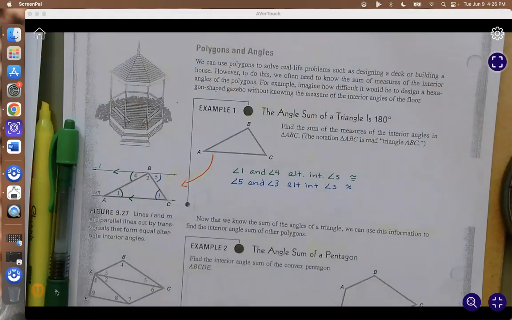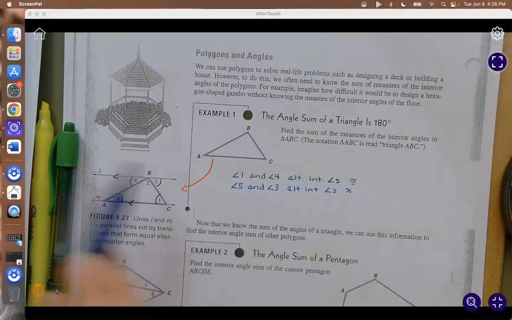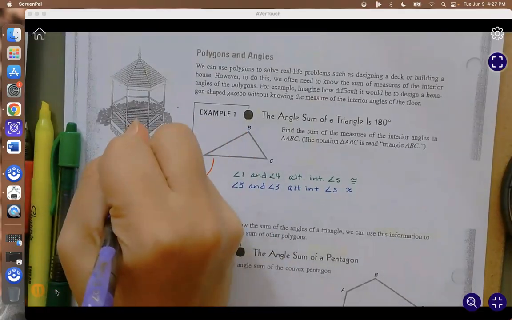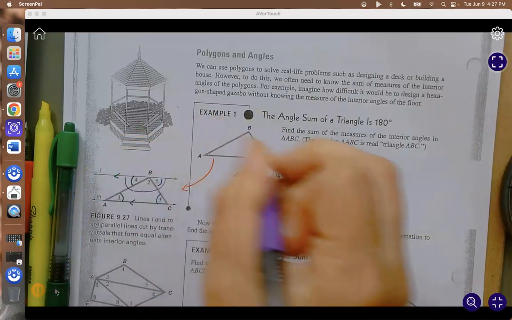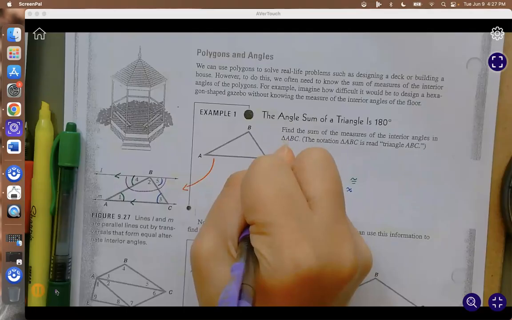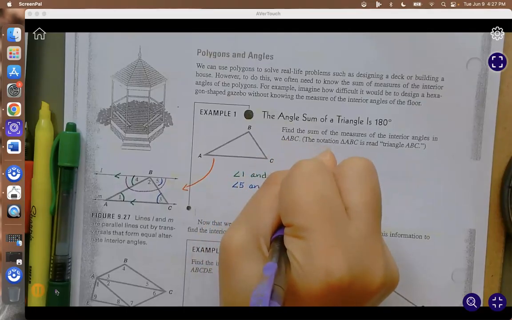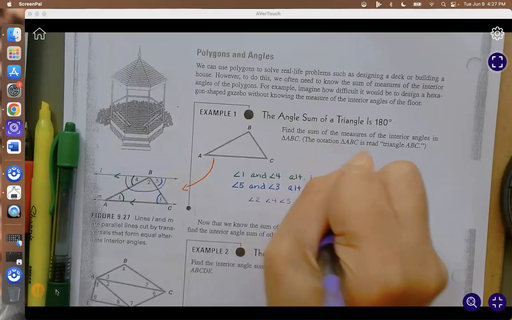So if you look at this, what do you notice about these 3 angles? Angle 2, angle 4, and angle 5 add up to 180.